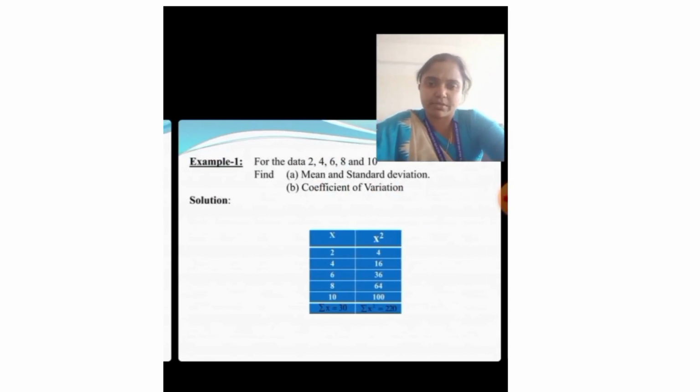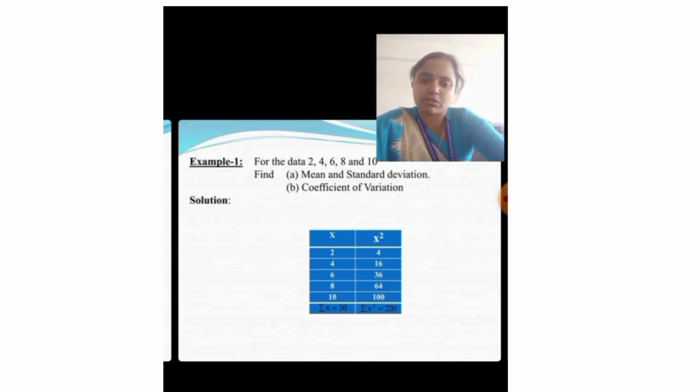For example, for the given data 2, 4, 6, 8, 10, first we have to find the mean and standard deviation, and then the coefficient of variation. First, we take our given data as x: 2, 4, 6, 8 and 10, and we square it, that is x square.